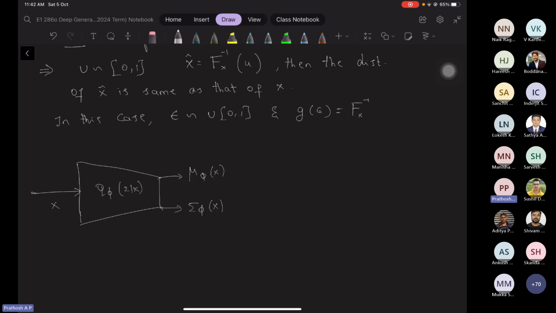This neural network gives you mu and sigma. So what you do is sample epsilon from normal 0, 1.